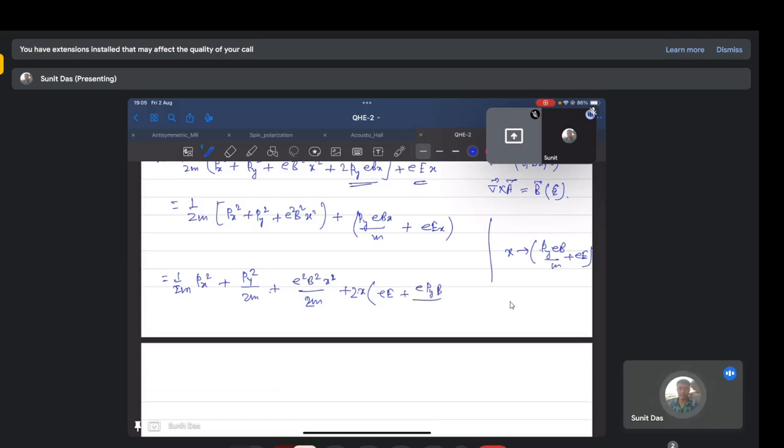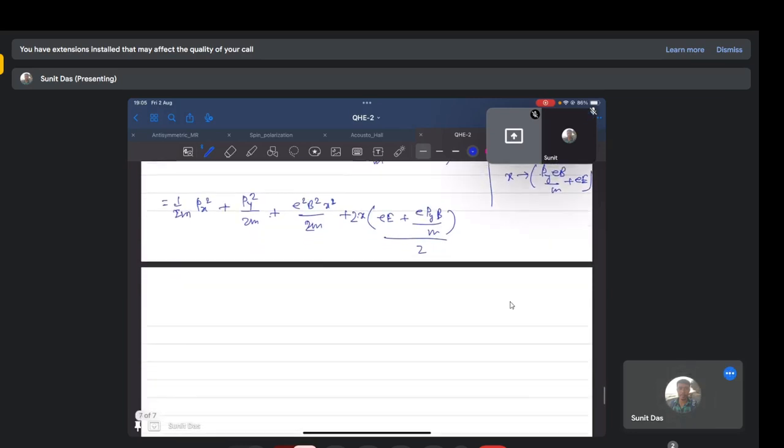I'm just rearranging some terms. You also need this term in the square as well, as a coefficient of square, right?